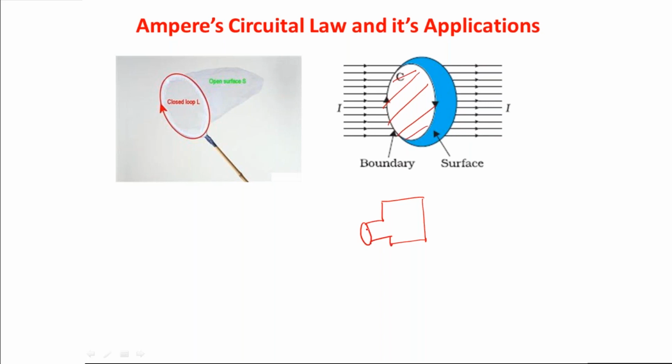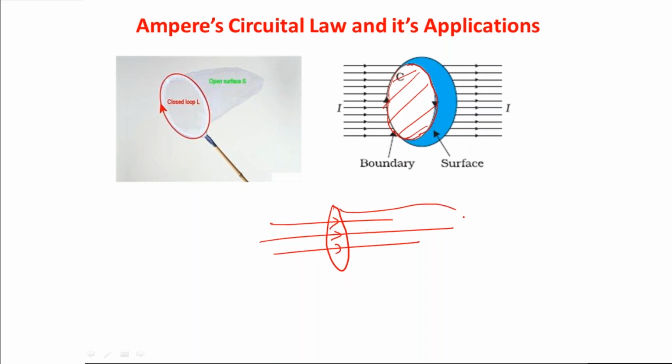This is the open boundary, at the mouth of the pot, as I showed you. This is the boundary of the surface. There may be many closed boundaries, but this is a closed boundary for this case, a kind of circle for this open surface.